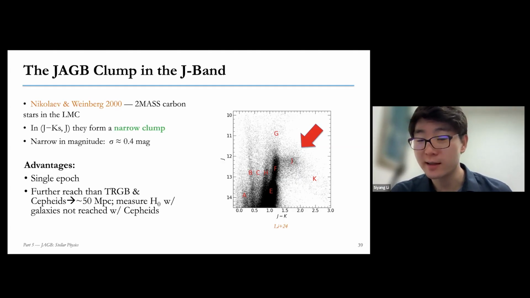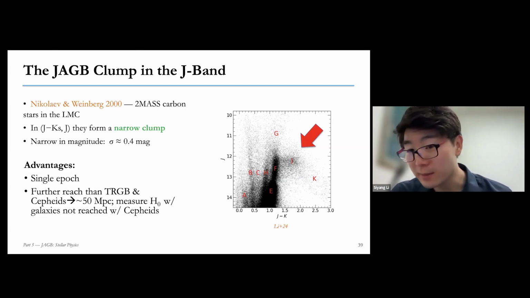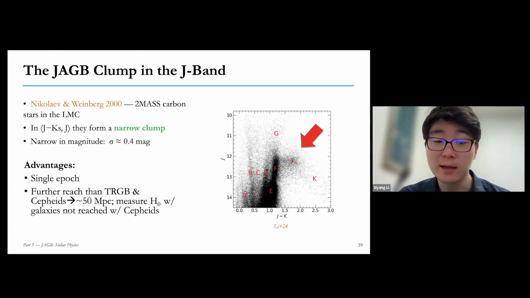So essentially, the potential here is that where the TRGB can reach about maybe 30 megaparsecs, the JAGB can reach maybe 40 or 50 megaparsecs just because of its brightness.